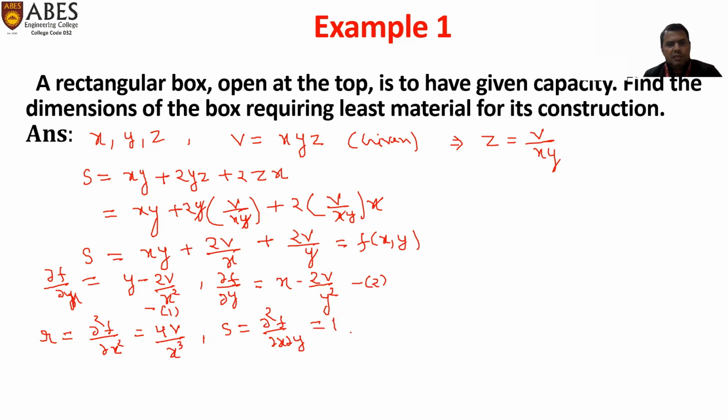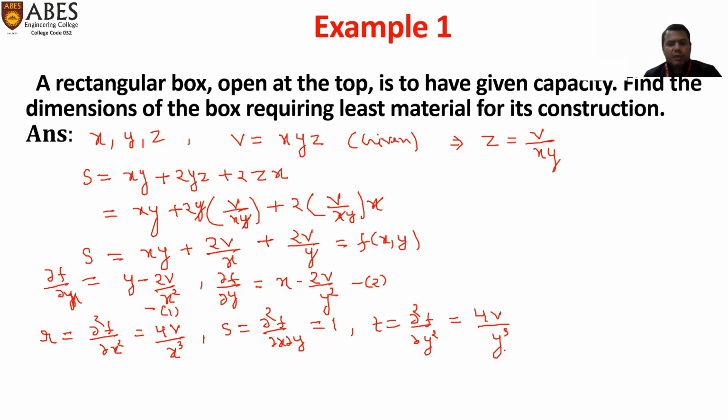It is 1. And t equals del squared f over del y squared, and it is 4V upon y cubed. Since x is constant, the term becomes 0, and it is minus 2V upon y squared, then differentiating again it is 4V upon y cubed.